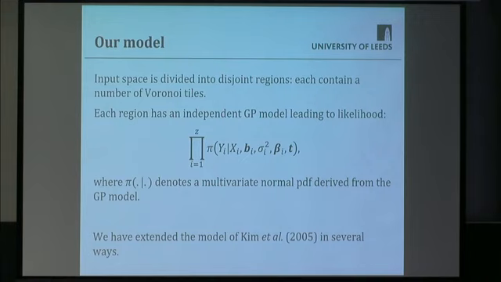So this is the basis of the entire model. The input space is going to be divided into these disjoint regions, and on each of these regions we fit its own Gaussian process. Because we're assuming independence across these Gaussian processes, we're going to multiply together the likelihood functions, and because we're doing this in a Bayesian way, we have to put a prior across all these things.